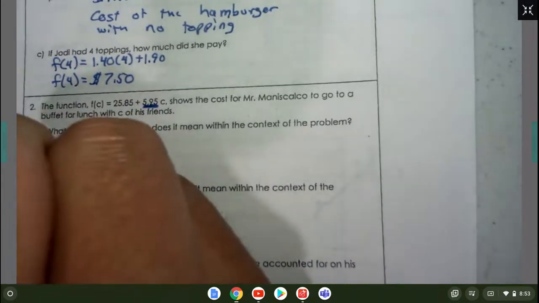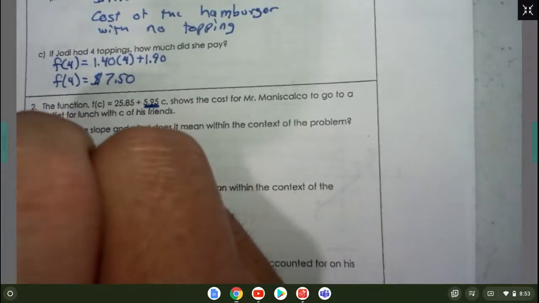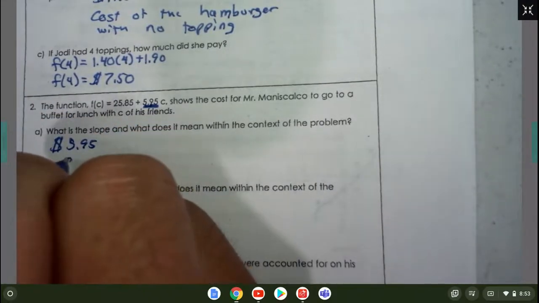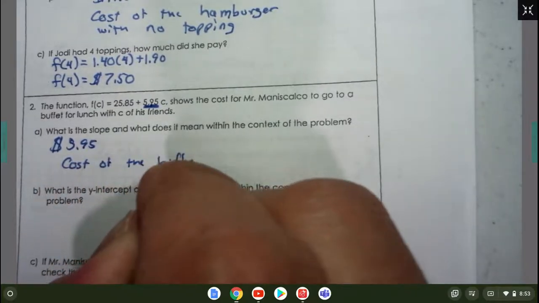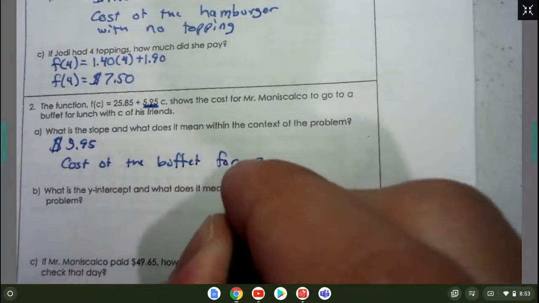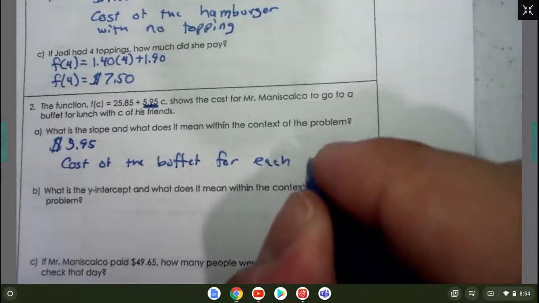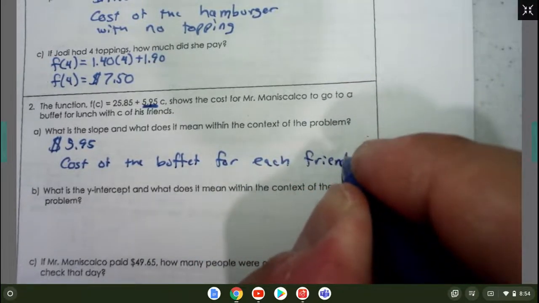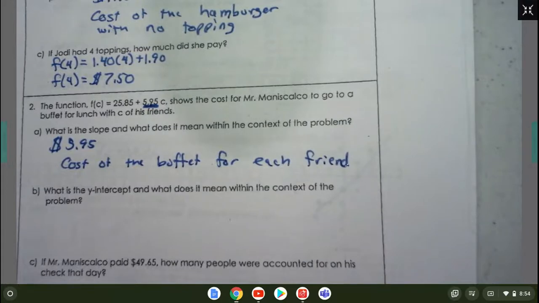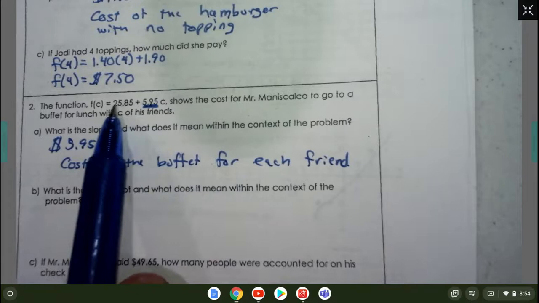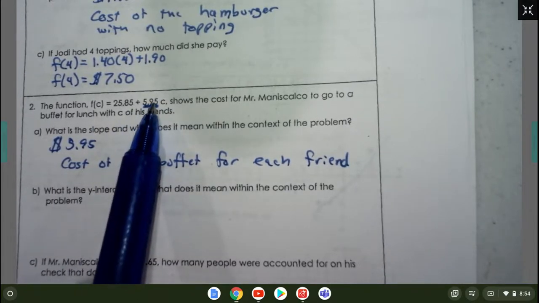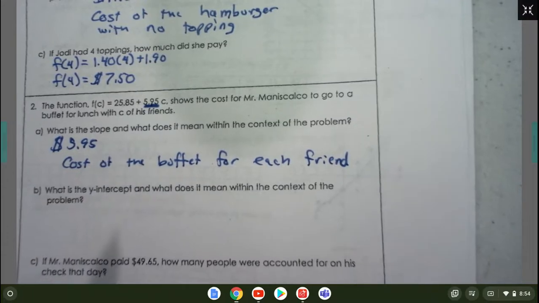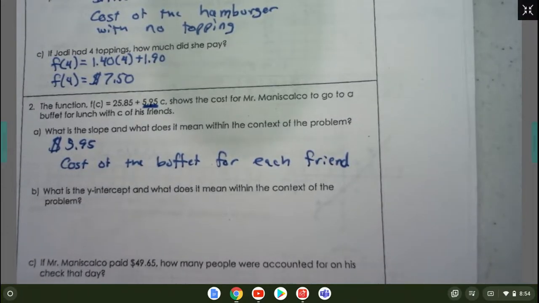So the slope here is $5.95, and that is the cost of the buffet for each friend, right? That's c friends, and this whole thing is the cost for him to go to the buffet. So it's $5.95 per friend plus $25.85 to start with. I don't know why it's so expensive just for him.